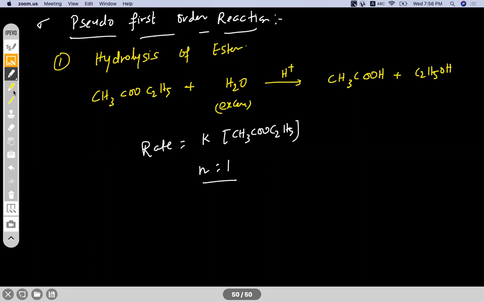Okay, the second example we have is inversion of cane sugar.